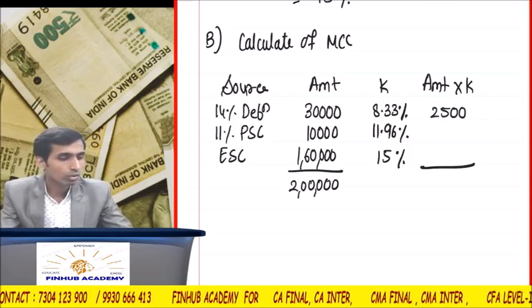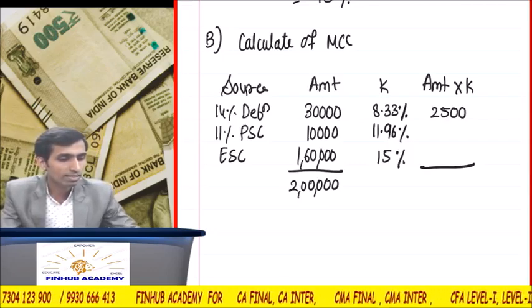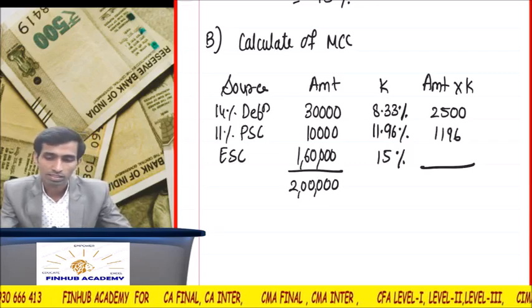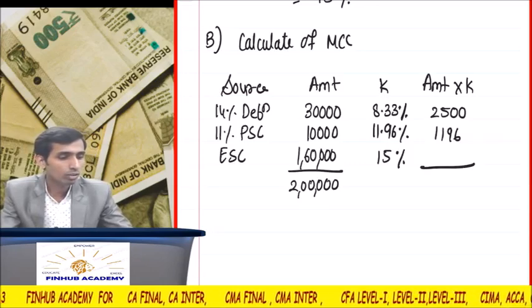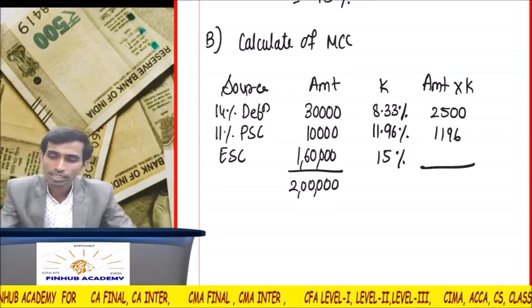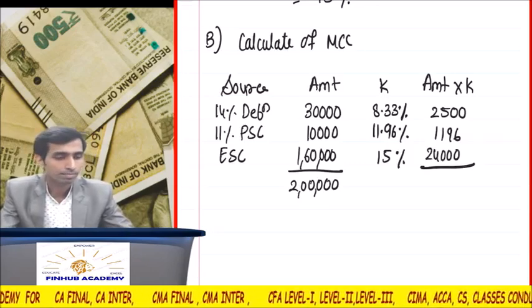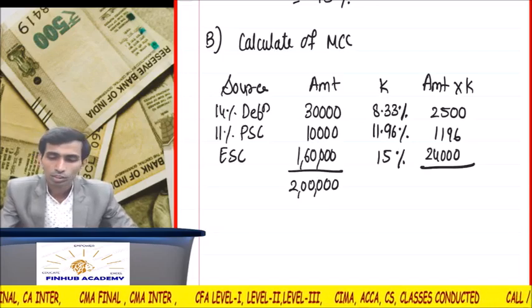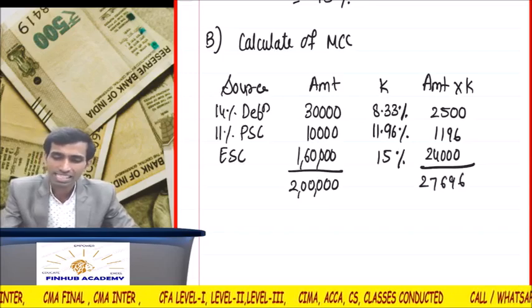10,000 into 11.96% is 1196. 1,60,000 into 15% is 24,000. The total is 27,696.